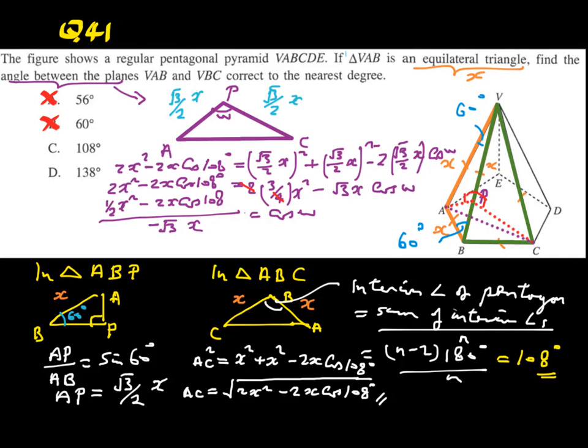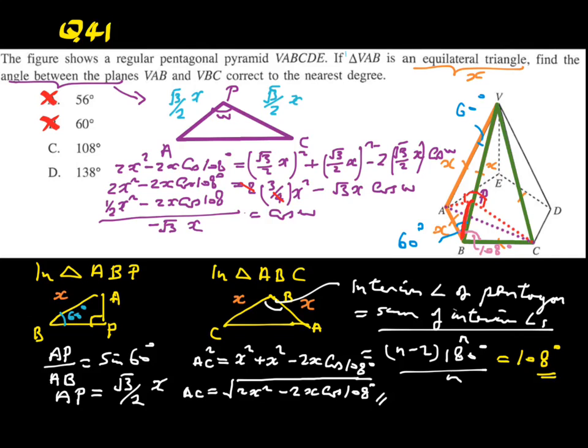Now, if you take a look at the base of this regular pentagon, we know that this angle here is 108. So if you imagine I move it up like that, then this angle at the point P will change, it may not necessarily be 108.